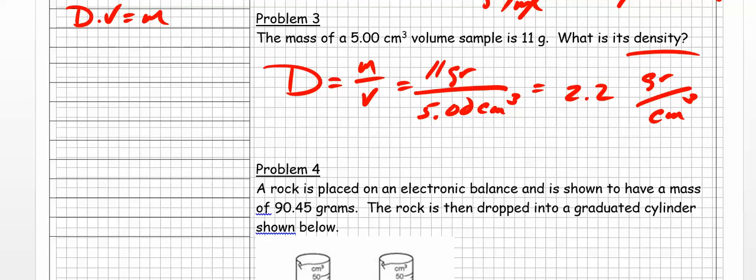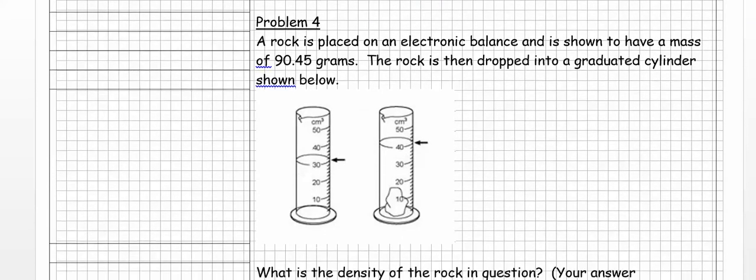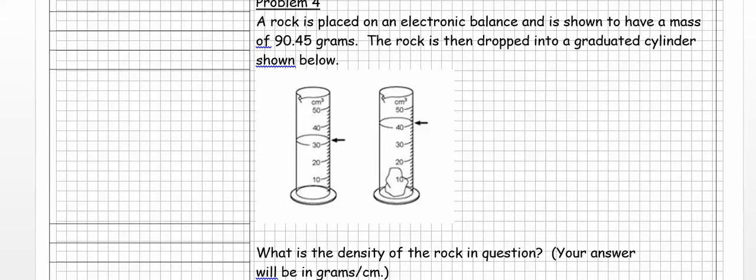All right, let's move on to something a little bit more involved, a situation in which I have to experimentally determine the volume of an object. It says a rock is placed on an electronic balance and is shown to have a mass of 90.45 grams. So that, of course, is my mass.